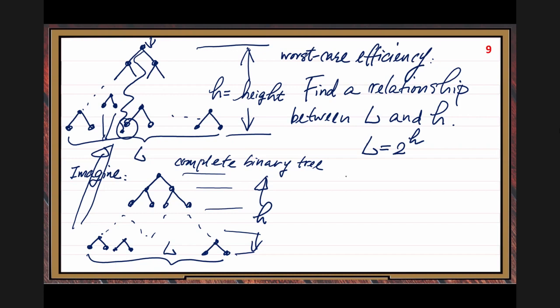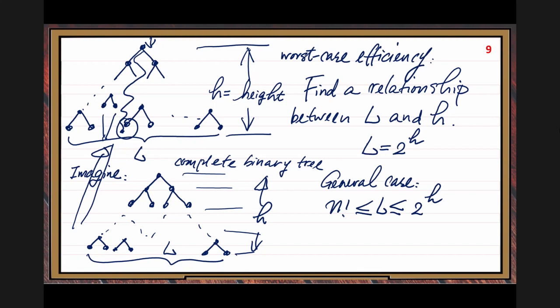So for the general case, L is less than or equal to 2 to the H. And from the previous slide, we know L is greater than or equal to n factorial.